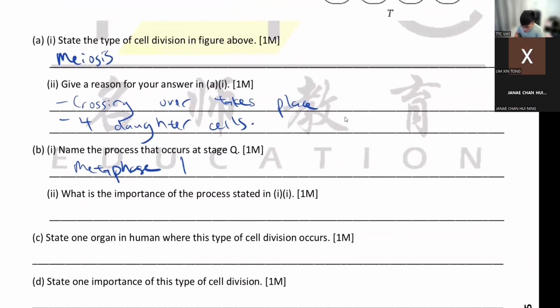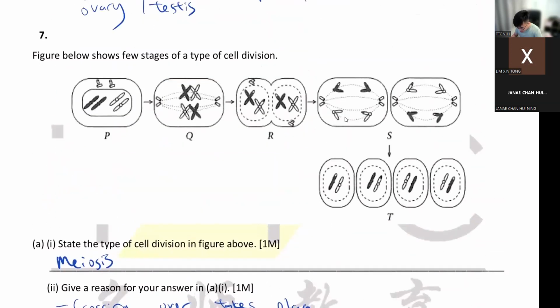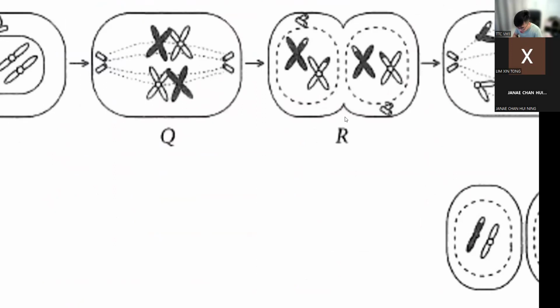Okay, so number 2, what is the importance of the process stated in number 1? What is metaphase 1 for? Okay, no, we skip this. We don't usually ask metaphase, we usually ask prophase. This is a bit weird, you see. They are not changing their legs yet, but they are arranged already.